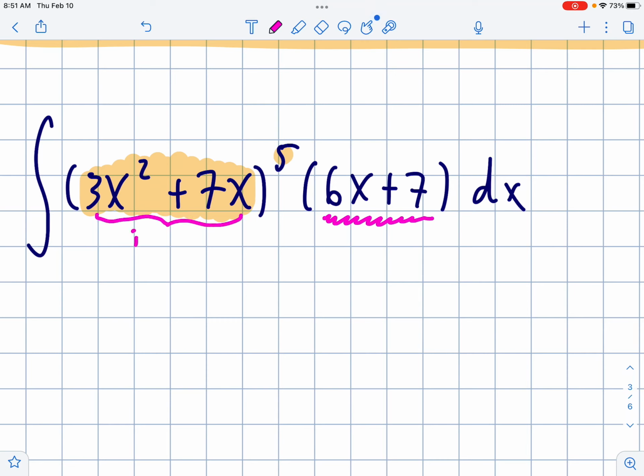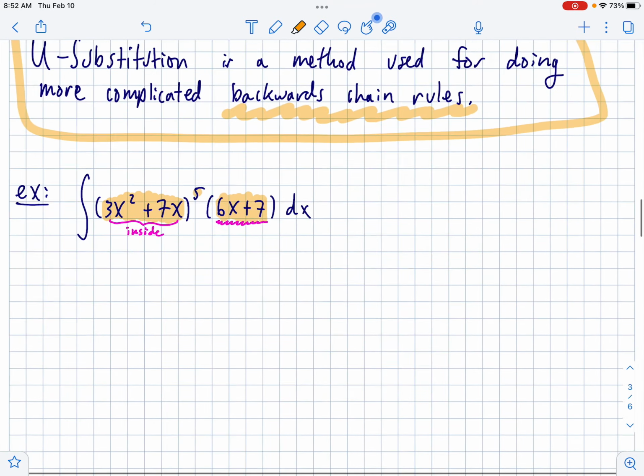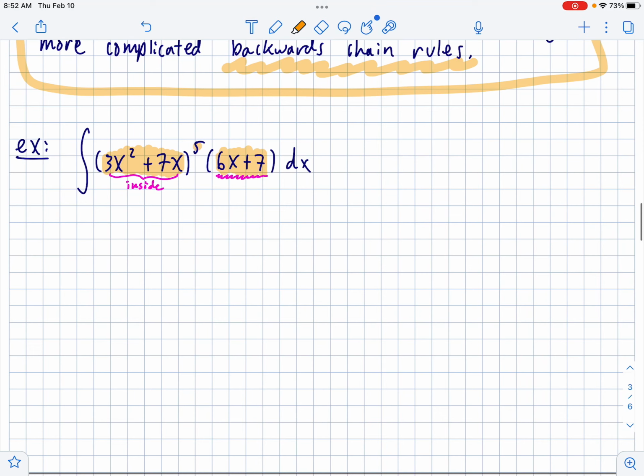Like if this is our inside function, this is the derivative of that inside function. So it's like a chain rule happened. I'm going to show you guys this U-substitution method to be able to go backwards with this chain rule.